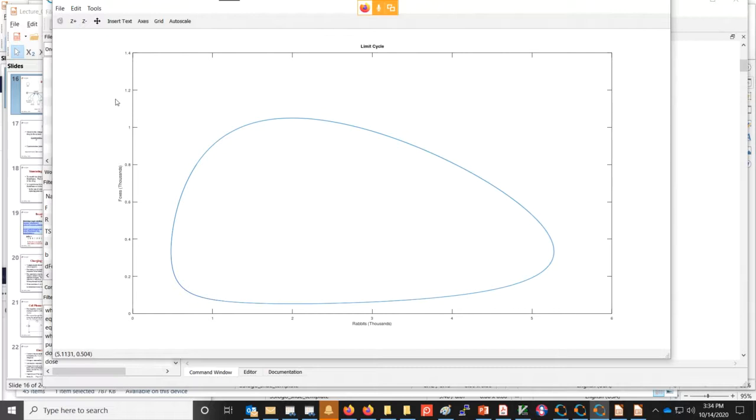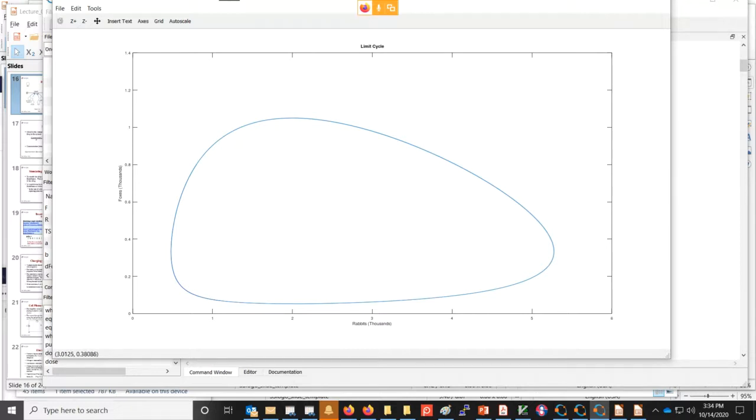And as the population of the foxes gets larger and larger, the population of the rabbits starts decreasing. We get this circular, egg shape. This is what we refer to as a limit cycle, because it's not just a fixed point; it's a constantly moving population.